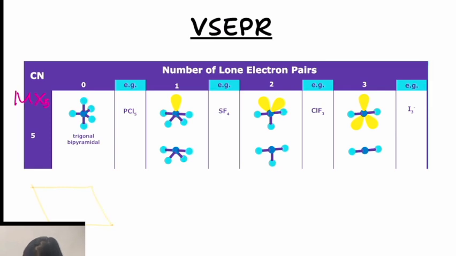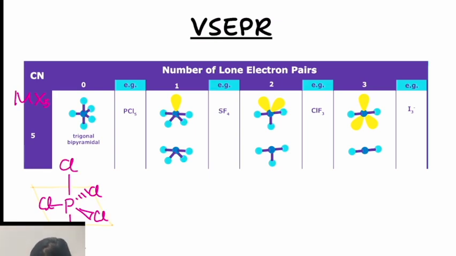So this is the horizontal surface, and right in the center we have the phosphorus, then 1 chlorine, 2 chlorine, the 3rd chlorine, and up and down 2 more chlorine.